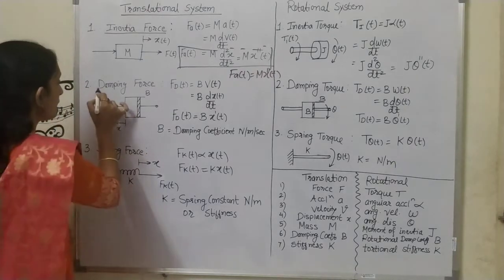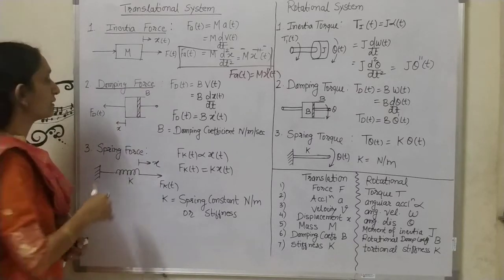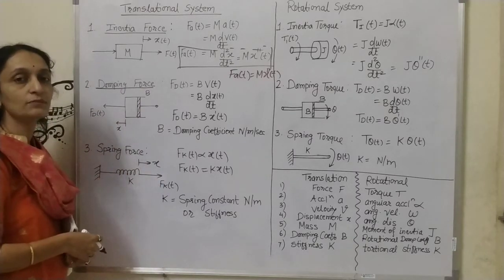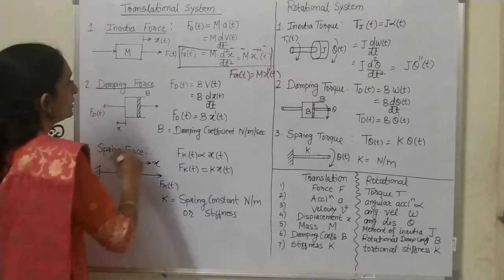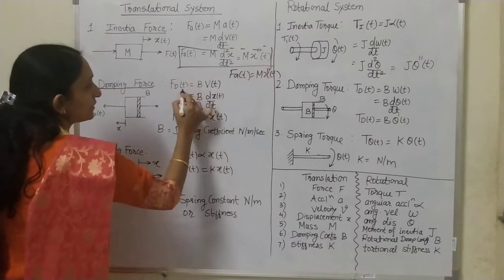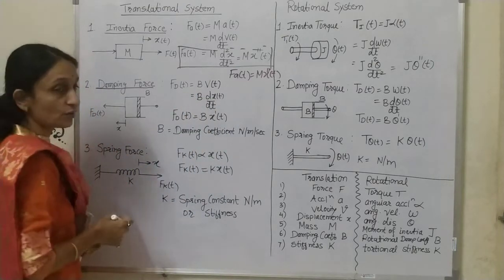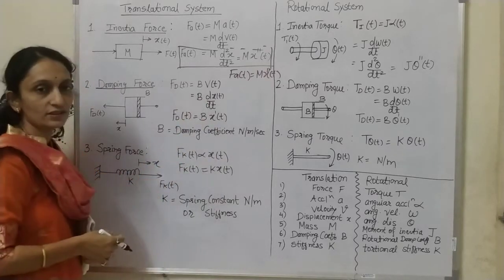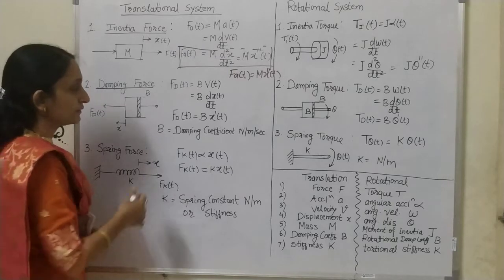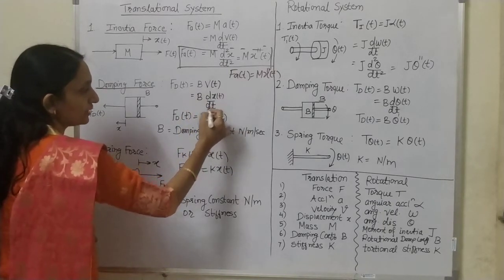Number two, damping force. This force is because of the damper, and it is proportional to velocity, so Fd of t is given as b v of t. Here b is a constant and v is velocity. Again, velocity is the rate of change of displacement, so v is equal to dx of t by dt.